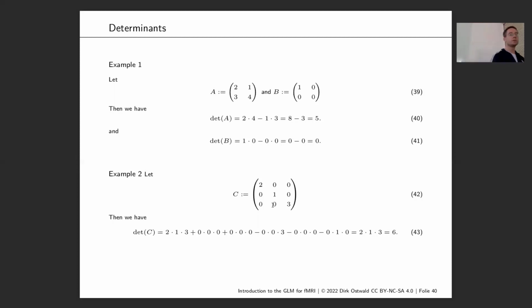So the determinant of a diagonal matrix, which I haven't formally introduced, but a diagonal matrix is a matrix that is 0 everywhere but has non-zero entries on the diagonal, is always just the product of the diagonal. That's something we will need later on when it comes to multivariate Gaussians and independent univariate Gaussians. So maybe remember that the determinant of a diagonal matrix is just the product of the diagonal entries.